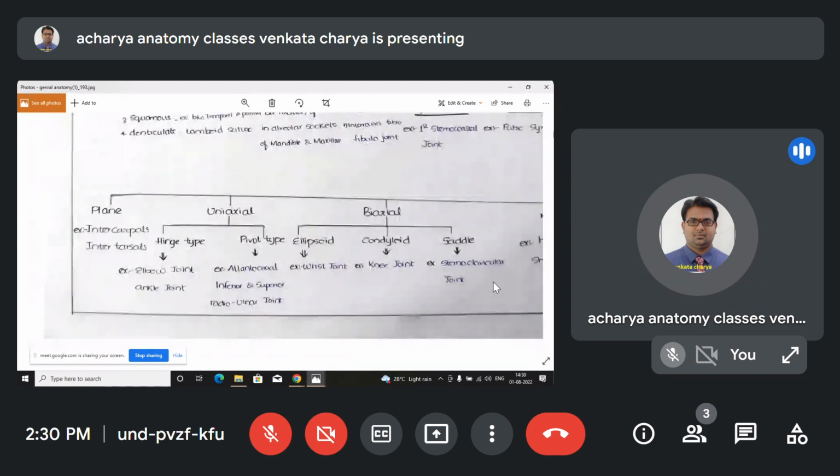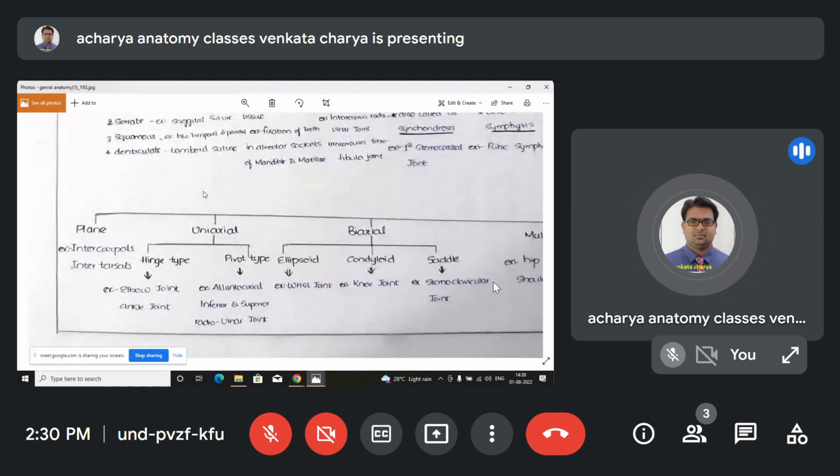So synovial type is again classified into, number one, plane type, number two, uniaxial. What is meant by axis? Axis means, suppose we make a nail through a stick, it produces a movement.